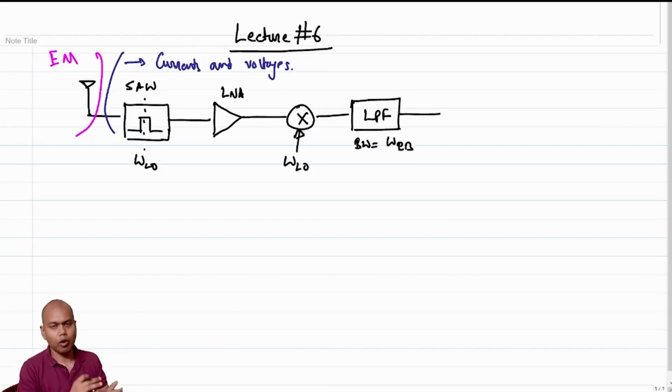So we need a model for an antenna which gives us an equivalent to do a circuit analysis.